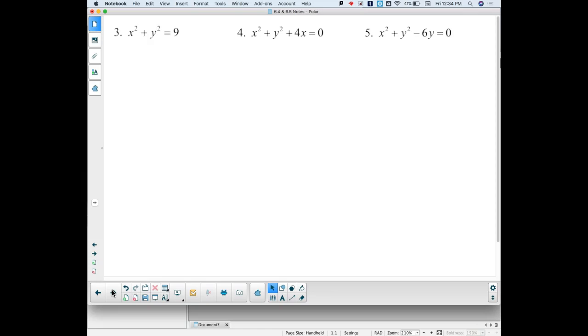What's at the origin? Center. Okay, so it's centered at the origin. That's one piece that I need to know, where the center is. Okay, what else? What's the radius of this circle? It's 3, right? Okay, so this is a circle centered at the origin with radius of 3.